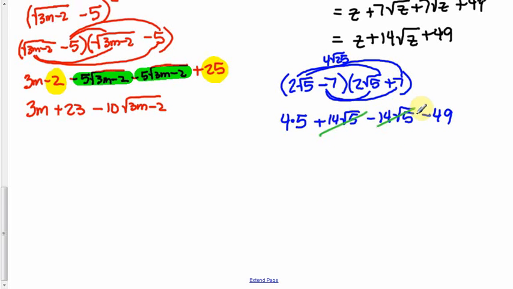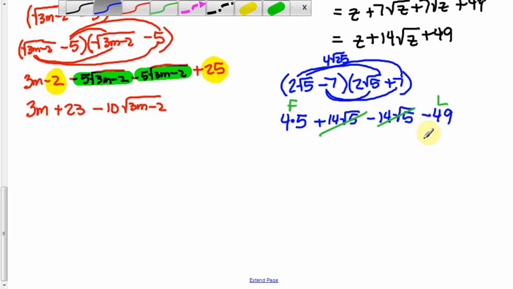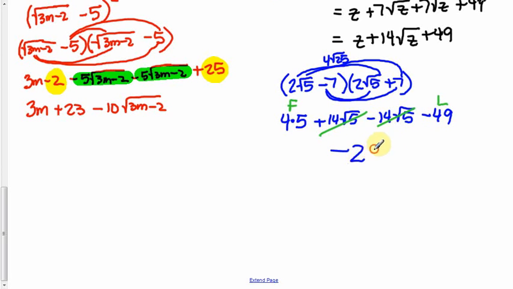They do it every time you multiply conjugates, which is why we really only need to do the first and the last product, because the O and the I cancel out when you multiply conjugates. So we just do the F and the L, FL, instead of FOIL on conjugates, okay? And 4 times 5 is 20, and 20 minus 49 is negative 29.